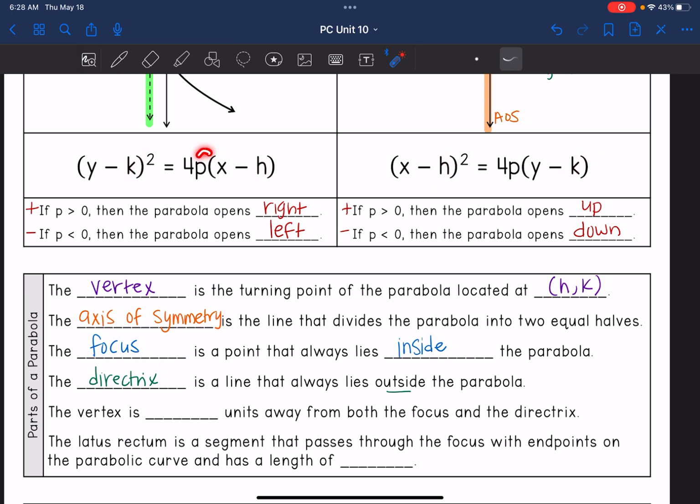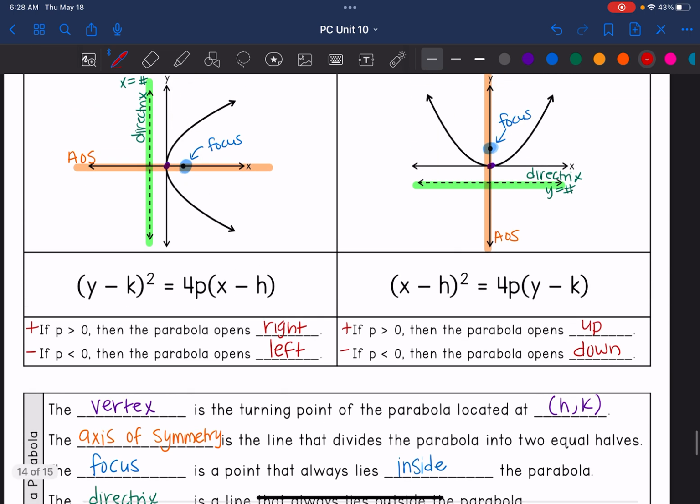The only other letter that's in our equation is P. So that actually tells you how many units away your focus and directrix need to be from your vertex. So whatever that number is, it doesn't matter whether it's positive or negative, you're going to go P units away from the vertex. So what we're going to do is say absolute value of P from the focus and directrix.